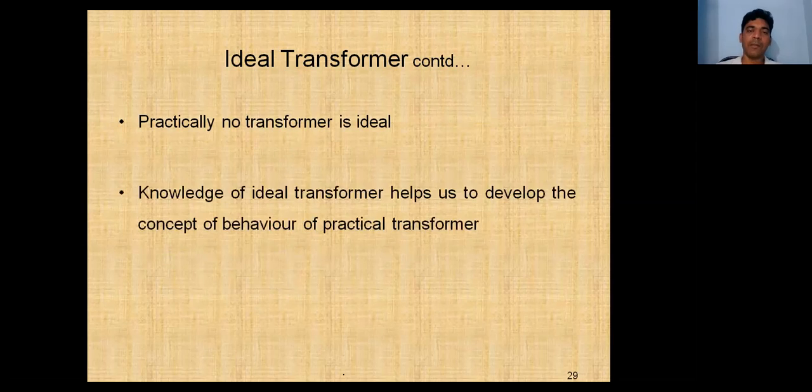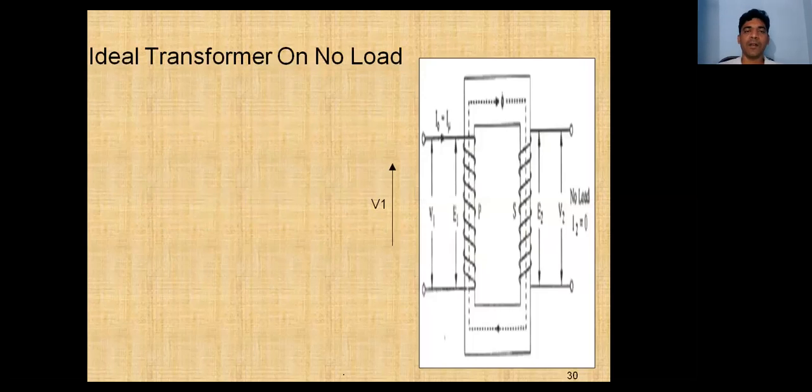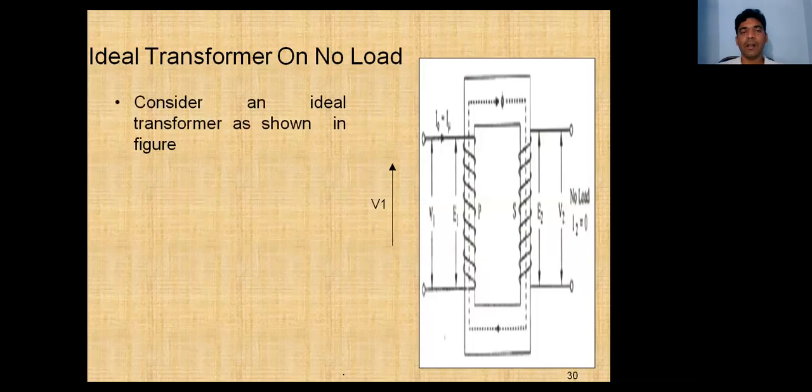Practically, no transformer is ideal, but knowledge of an ideal transformer helps us to develop the concept of behavior of a practical transformer. This is the ideal transformer on no load. Consider an ideal transformer shown in the figure.